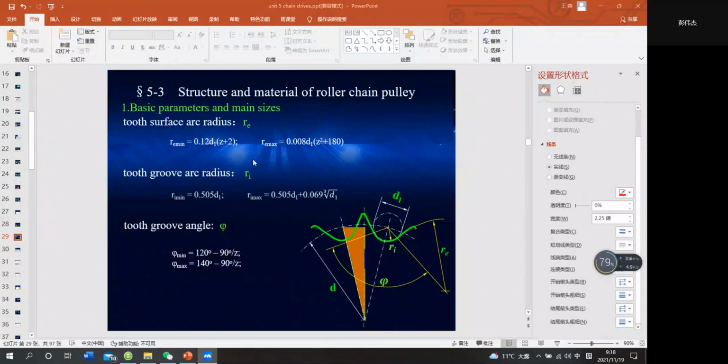They are variable within a range, with a minimal value and a maximum value. Use this formula to calculate.